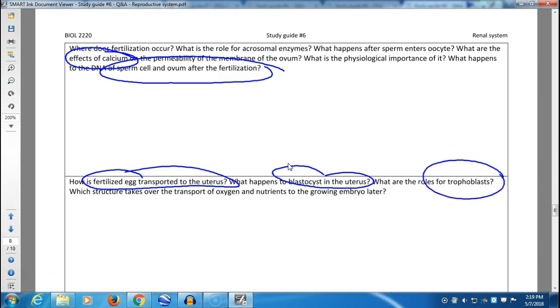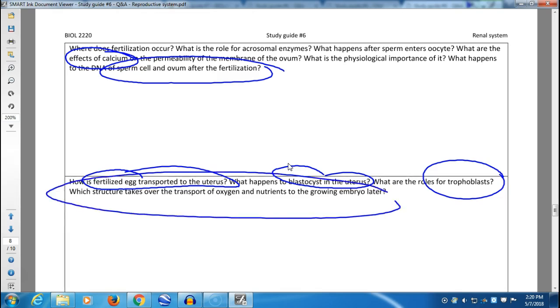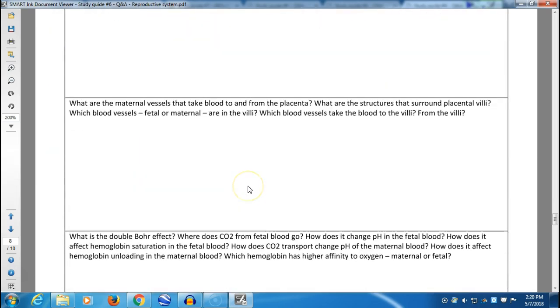Trophoblasts eat the cavity for the blastocyst and provide feeding in the first, basically, less than trimester of pregnancy. Then placenta takes it over. So, uterine arteries take the blood to placenta, uterine veins take it from.